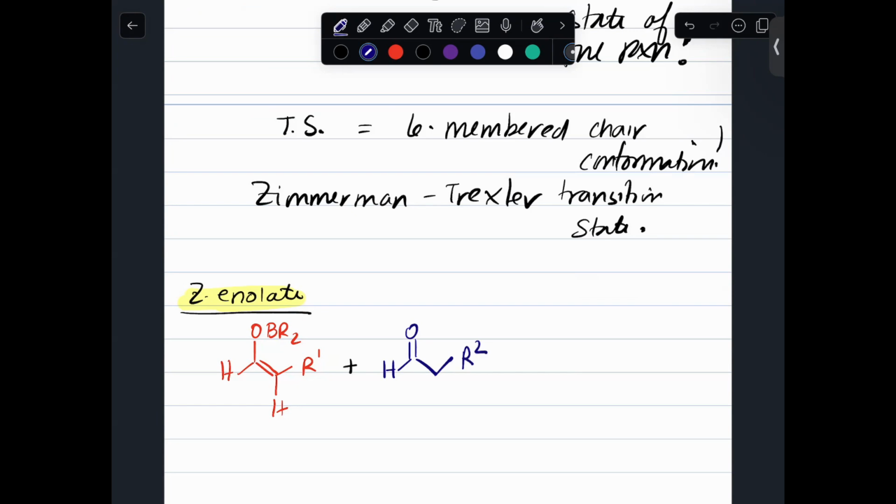So completely different. This is my nucleophile. This is my electrophile.